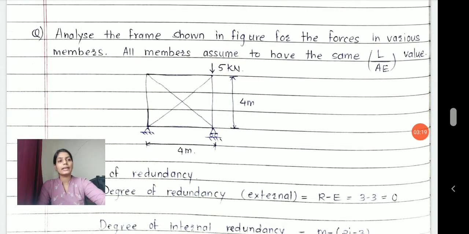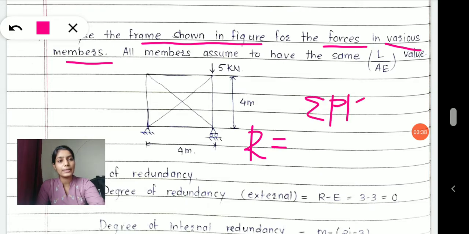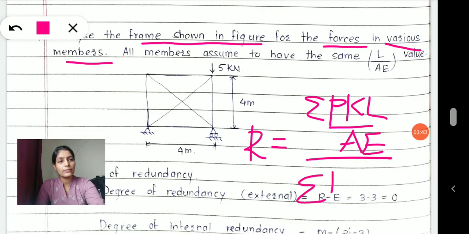The question says: analyze the frame shown in the figure for the forces in various members. All the members are assumed to have the same L by AE value. When we find the redundant, things will get easy because we are calculating summation PKL upon AE divided by summation of K square L upon AE.